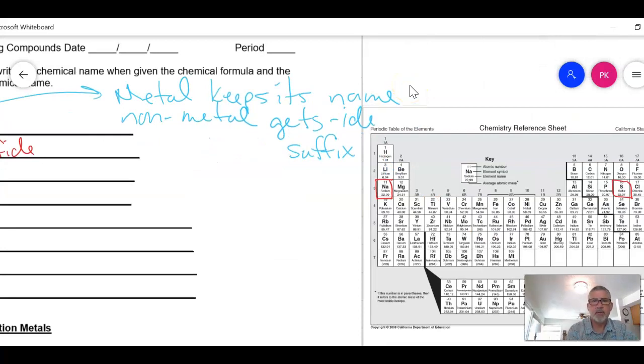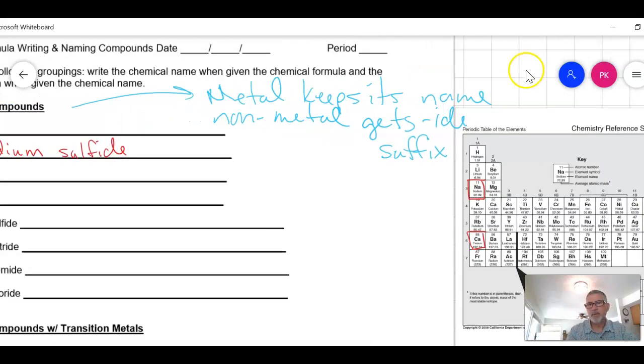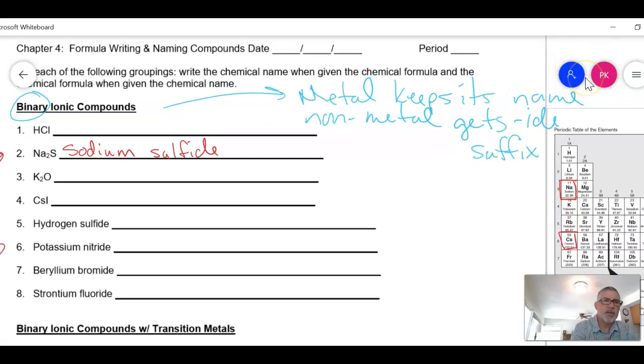You could do the same thing for number 4, CsI. Cs is right here, and I is over here. If you look those up on your periodic table, you get cesium, and I is iodine, but we change it to iodide.